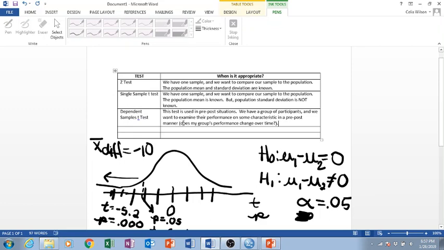Now, what you can also do, and what we sometimes do in class, is we'll add a third column and it'll be a research example. So I'll go around the class and I'll ask for examples, and they'll give me more of a real life example of when they could potentially see themselves using this test.